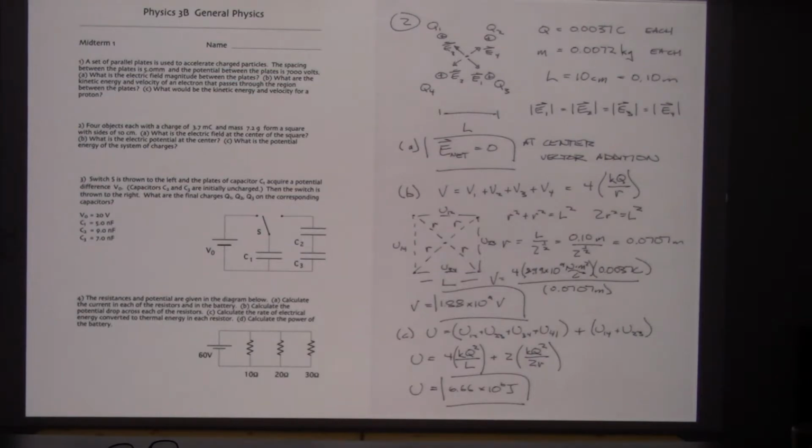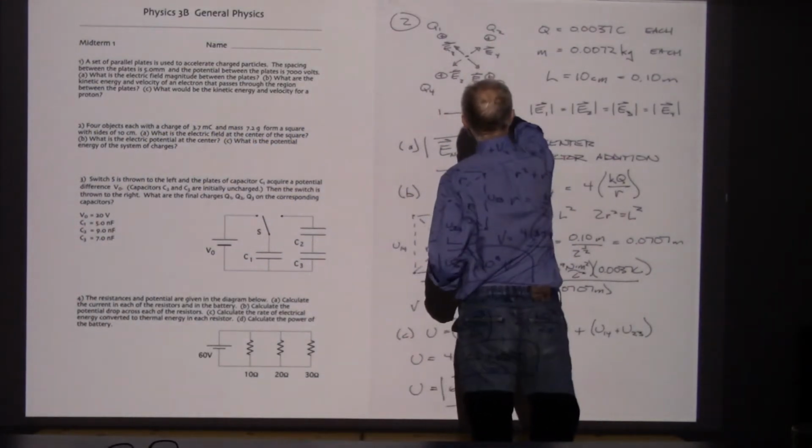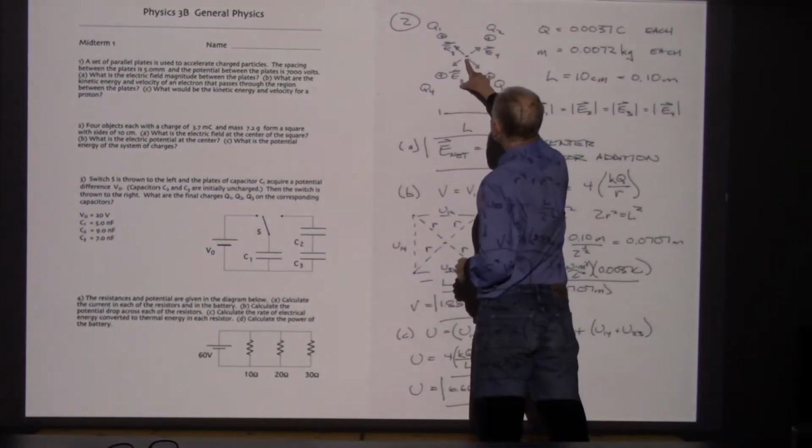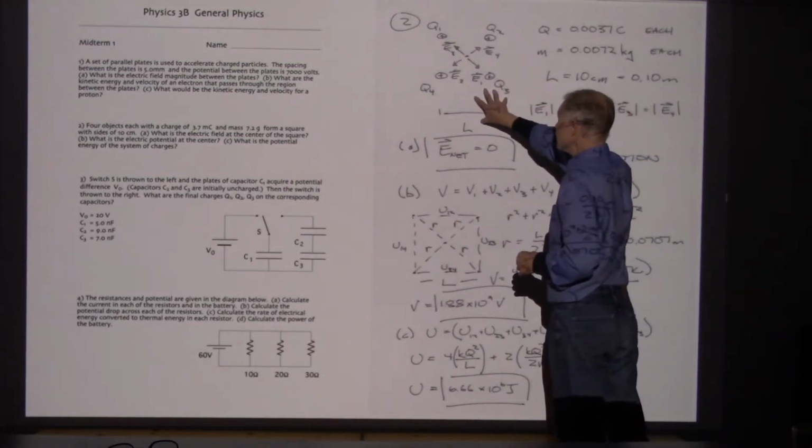Well, it's not asking about force. So there's nothing where we use the force formula directly. Conceptually, you want to have an understanding of what is going on, but this is asking about electric fields, and the electric fields in this case are all going to cancel out at that center location because electric fields are vectors.